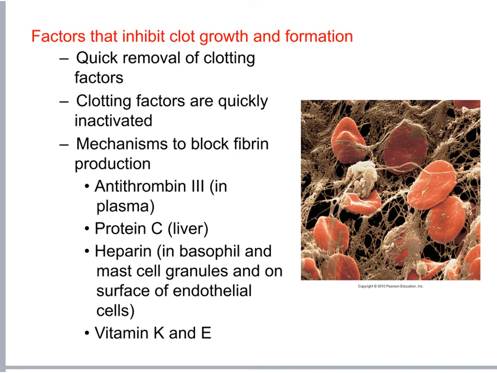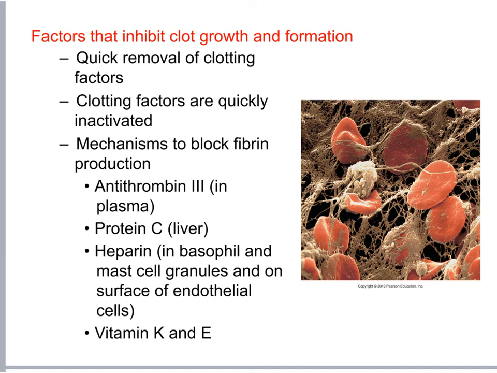And that includes antithrombin 3, a protein that's always present in your plasma. We have protein C, another protein that's produced in your liver. These inhibit the activity of the pathway of clotting factors coming together. We have heparin, which is a natural anticoagulant in those basophils we just talked about and in mast cell granules.